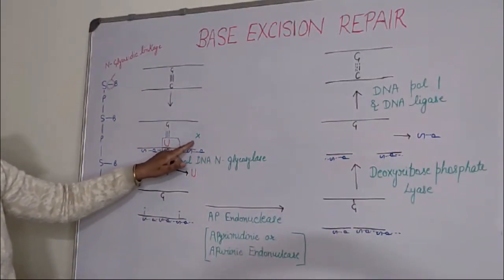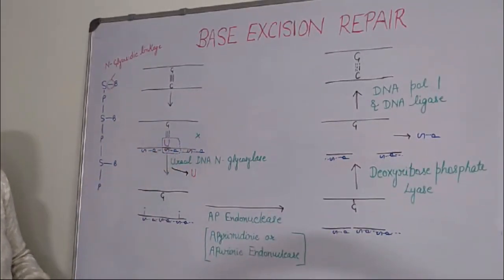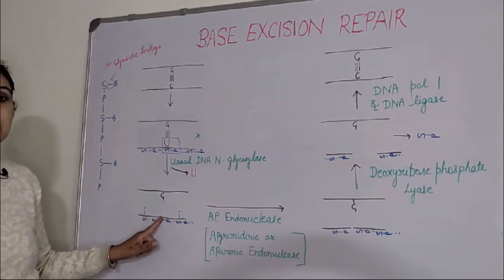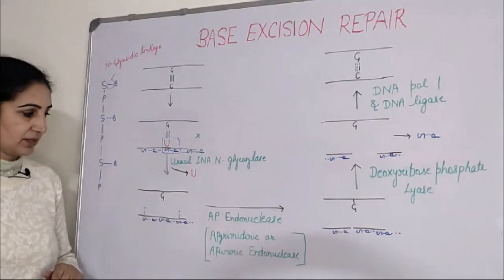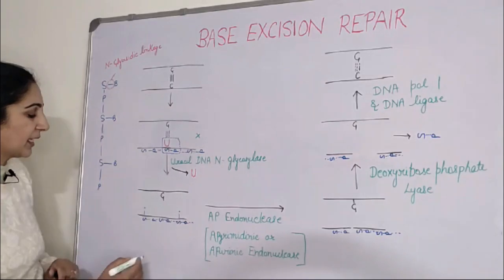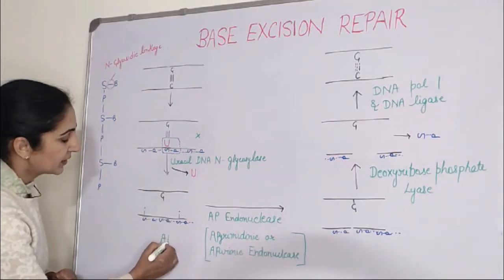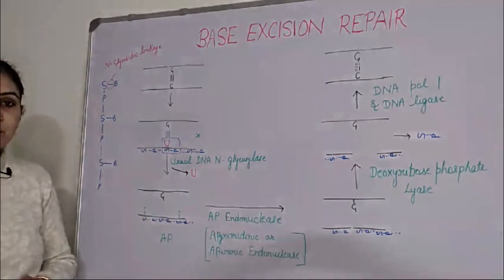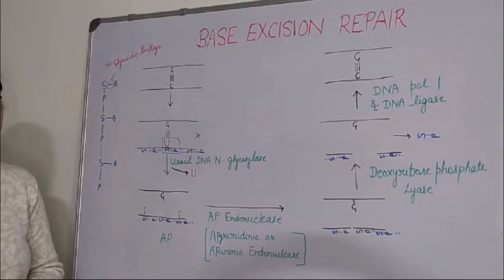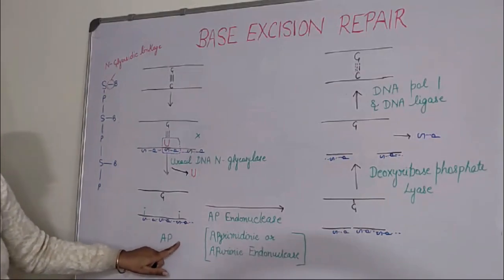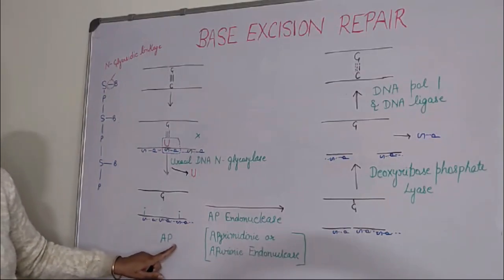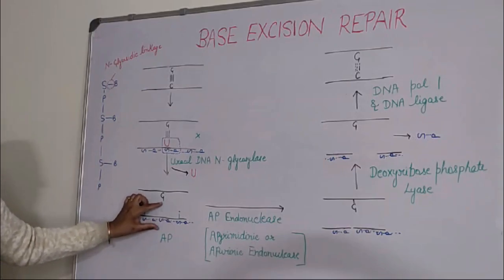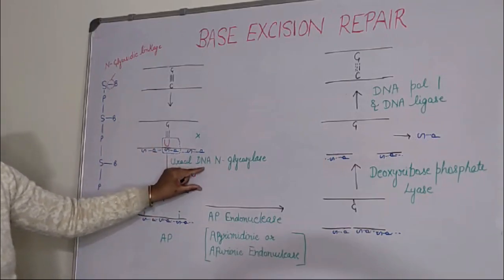Suppose this base was a pyrimidine, then we will say this site is an A-pyrimidinic site. So this is how we get the AP site. AP is A-purinic or A-pyrimidinic; A means without purine or without pyrimidine. So now we have removed this wrong base.